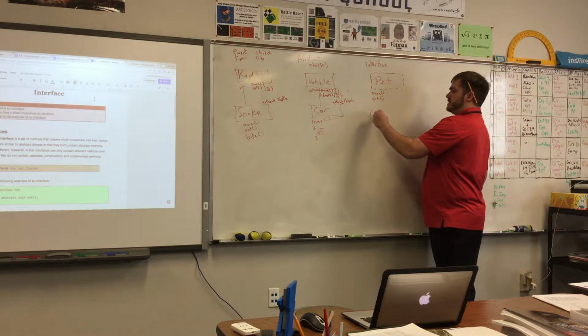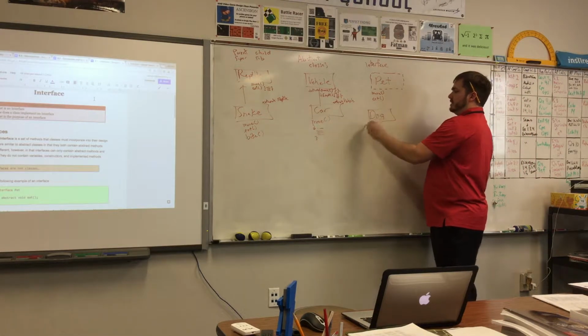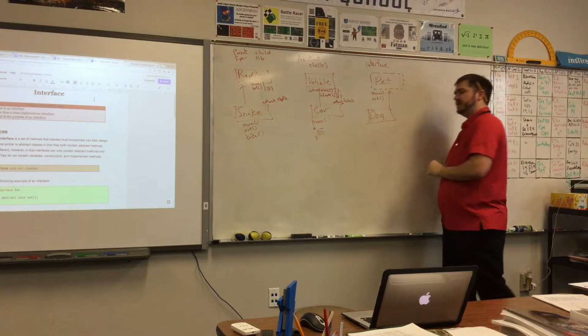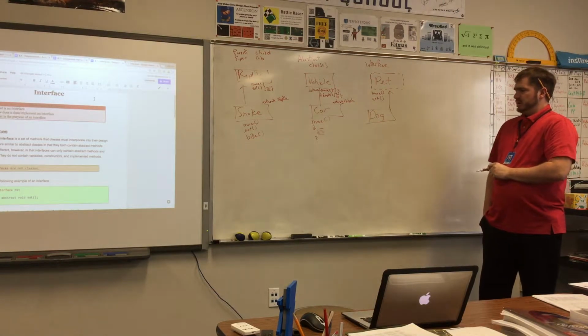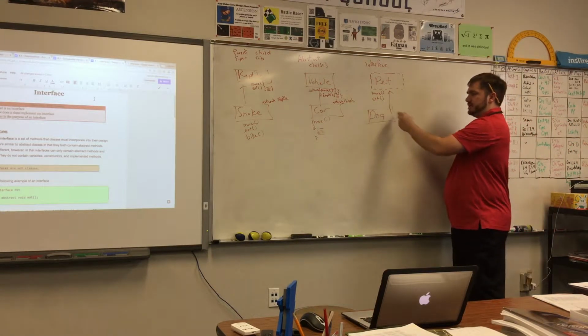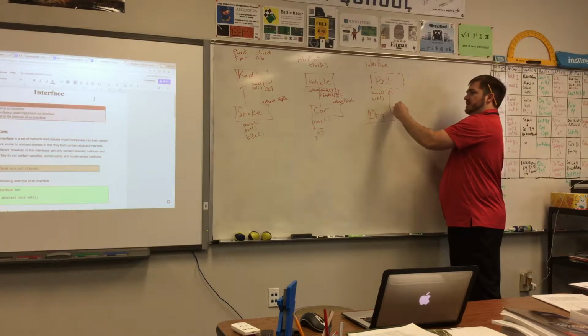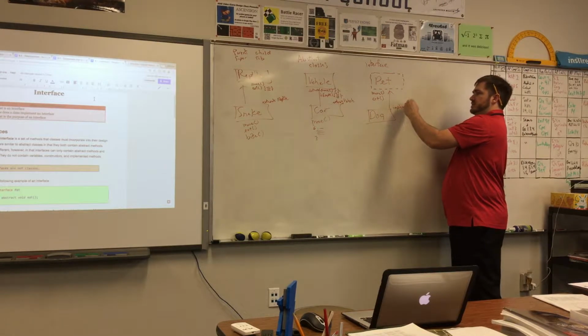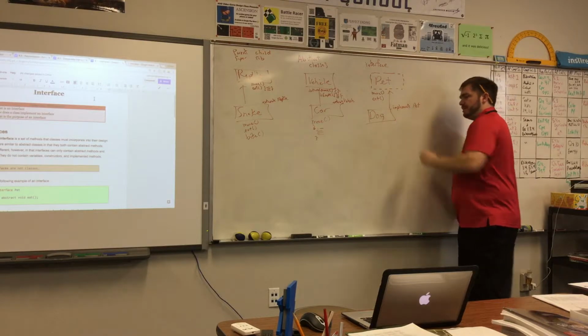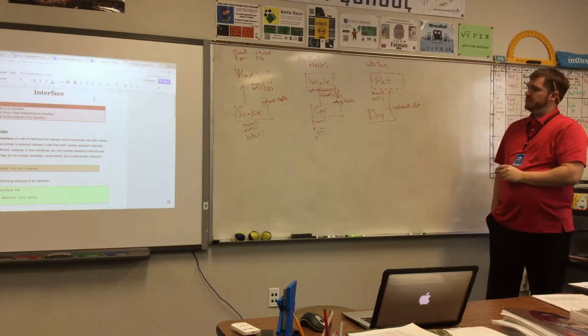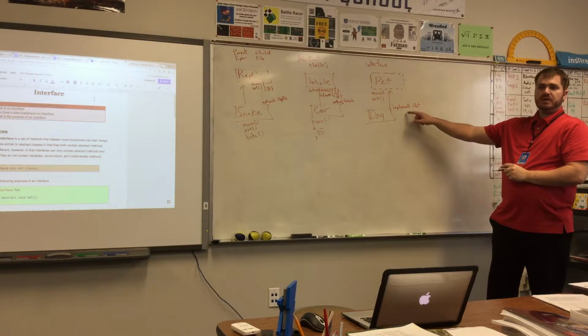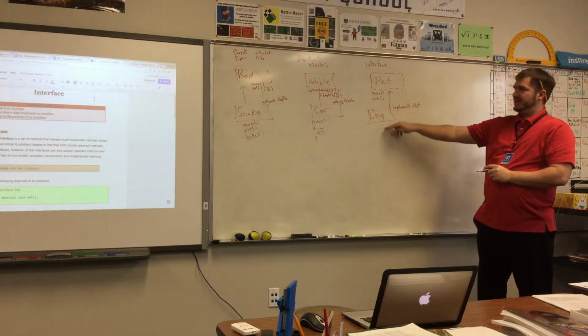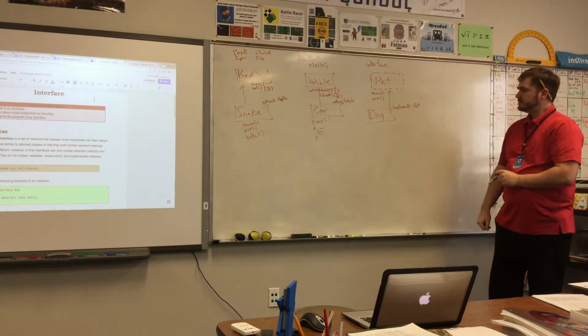So for instance, we're going to look at a class called dog. And we're going to say that the dog class implements the pet interface. So we're going to use a different keyword here to relate our class to the interface.